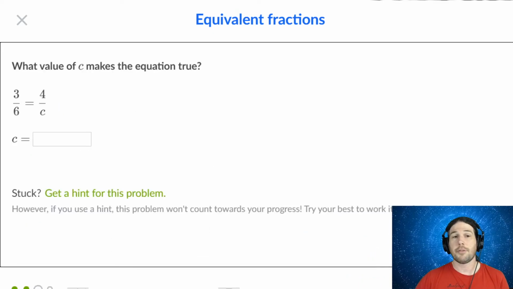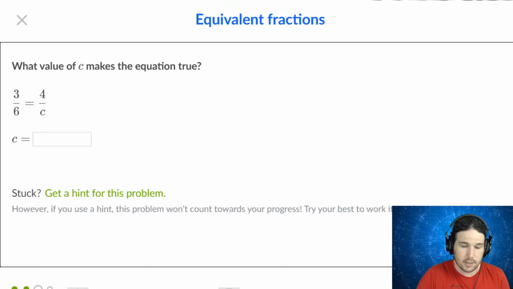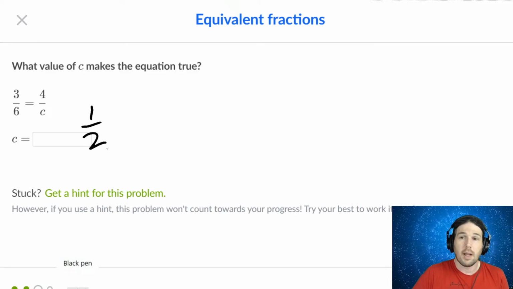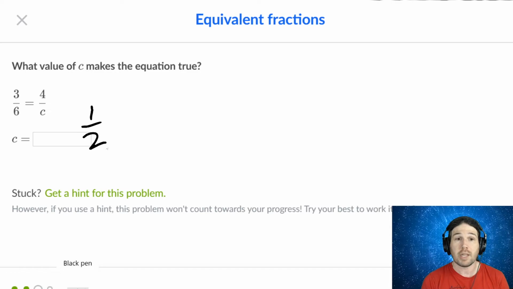Same deal, 3/6 equals 4 over what? Well, 3/6 is the same thing as a half. If I didn't know that this 3/6 is 1/2, I could get really confused really fast.